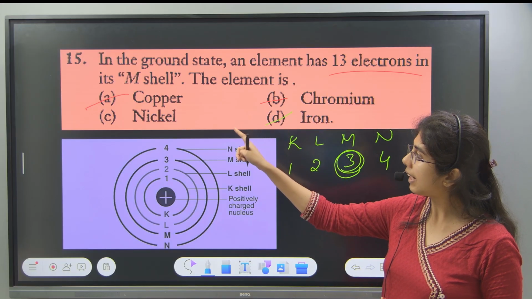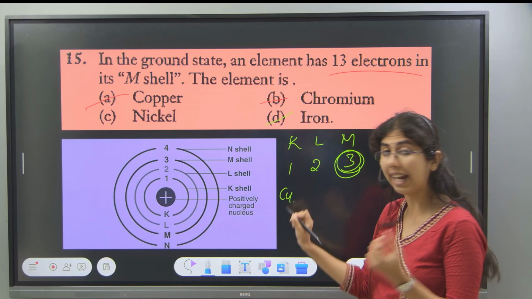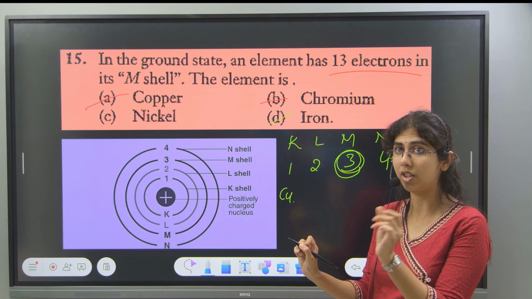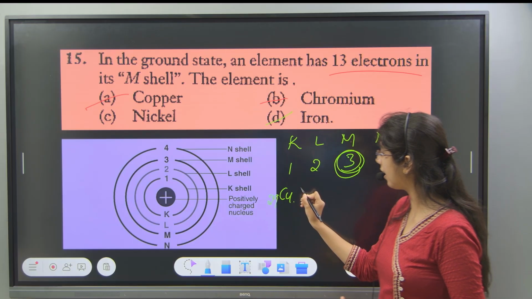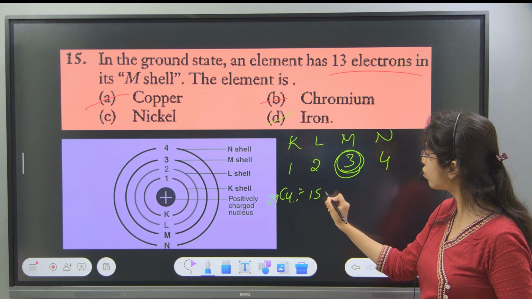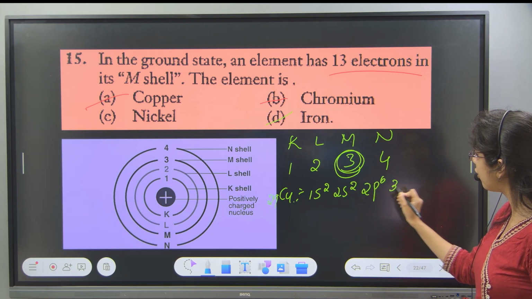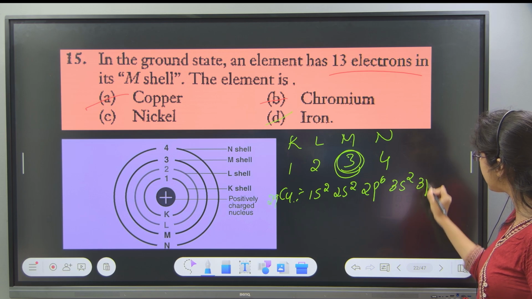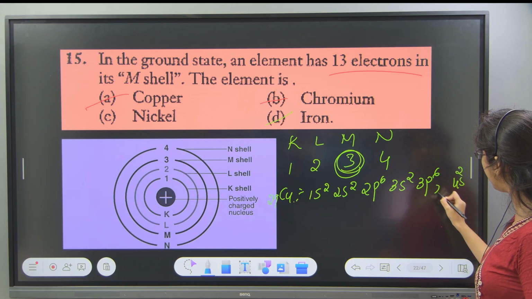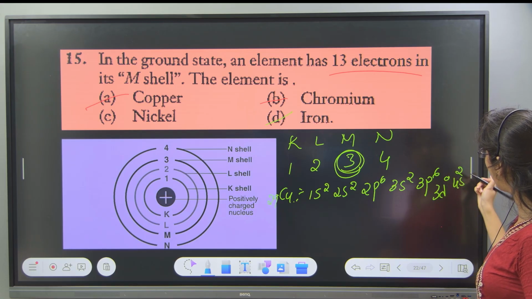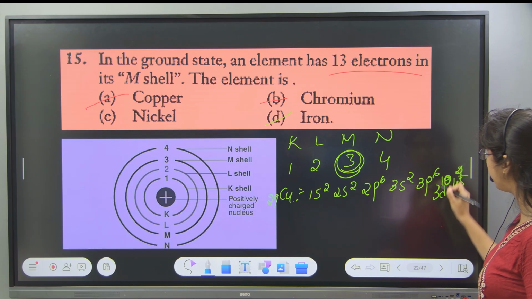So I will take your answer, copper. If I take copper, let us write the exact electronic configuration, not in terms of argon. Copper is 29, so it is 1s2, 2s2, 2p6, 3s2, 3p6, 4s2, 3d9, or 4s1, 3d10, to be very specific.